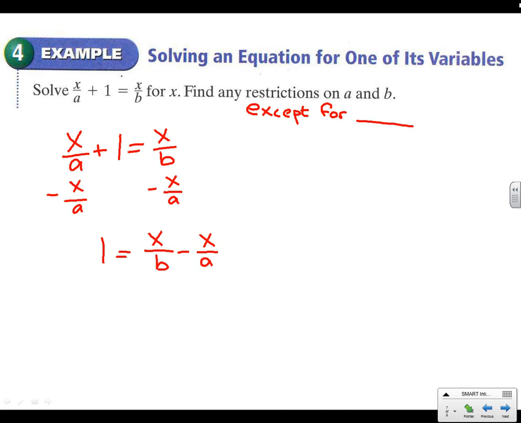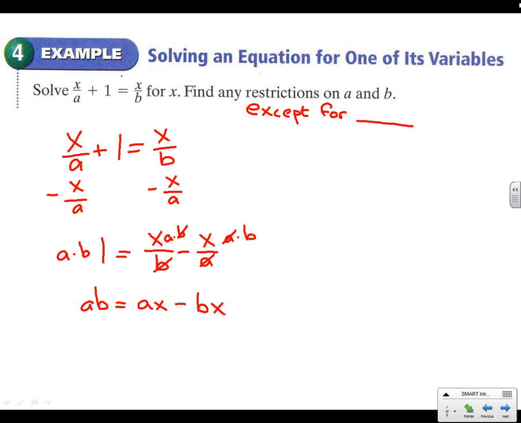Okay? So what we can do is multiply times the common denominator, which in this case would be a and b. We're going to multiply each fraction by a and b. So on the left we've got ab, these b's cancel, and we'll have ax minus bx.